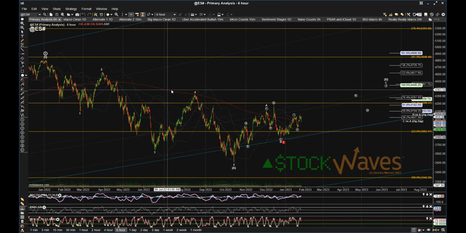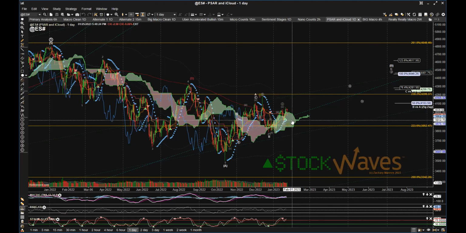Now going on to the parabolic SAR, that's these little blue dots. It's just a great additional tool to look for flips and momentum, and you can use it in lots of different time frames. I find it's a tool that's much better at a little bit larger degree. It's not something that I use on like a 15-minute or a 5-minute chart.